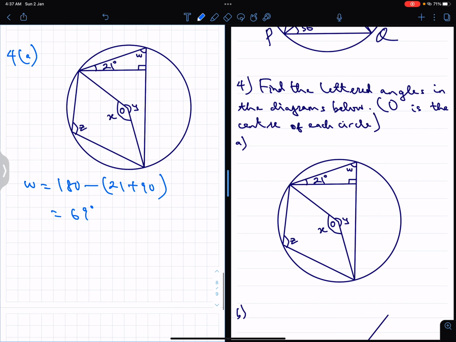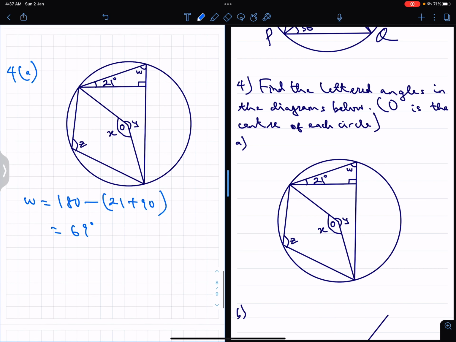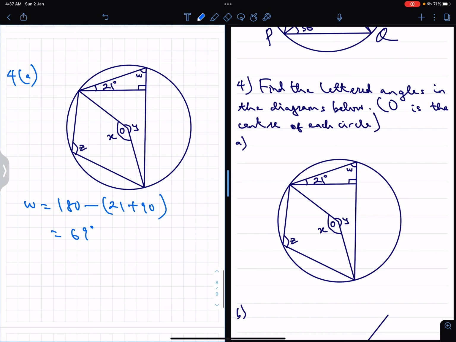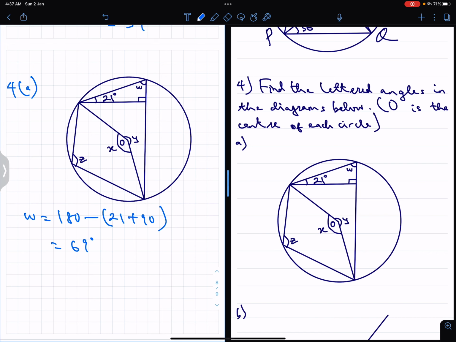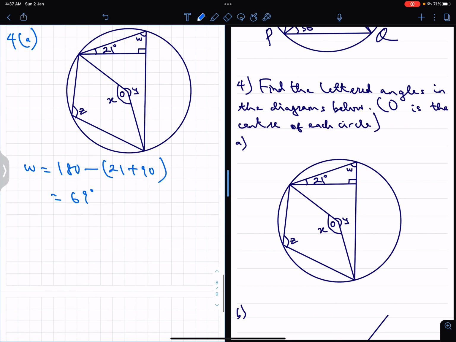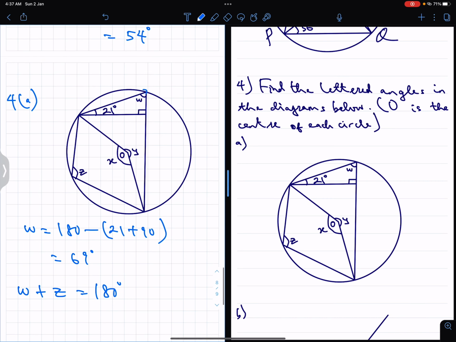Now the next is, how do we find angle Z? Okay, let's see. This looks a bit tricky, but it's simple, I'm sure. W plus Z is 180 degrees. Opposite angles of a cyclic quadrilateral are supplementary.